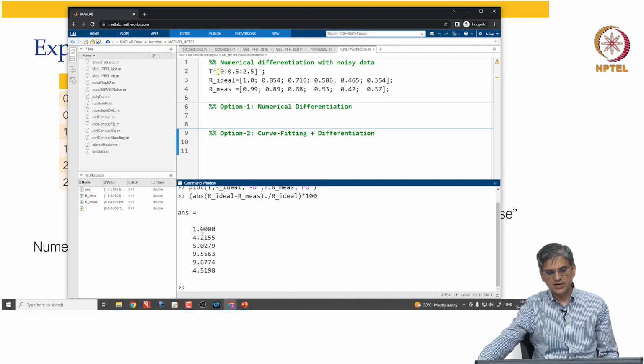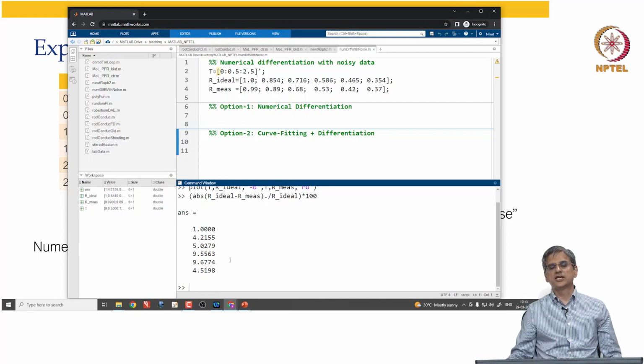The first data has 1% error, 4% error, 5% error, 9.5%, 9.6% and 4.5% error. So that small amount of error is associated with experimental error.